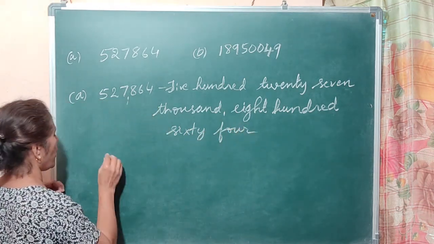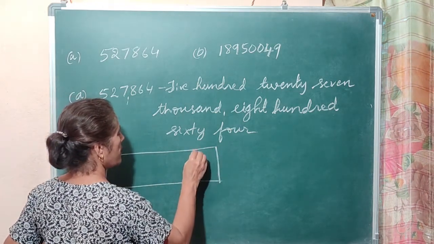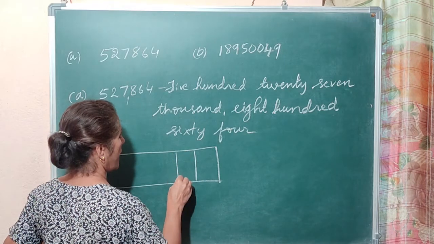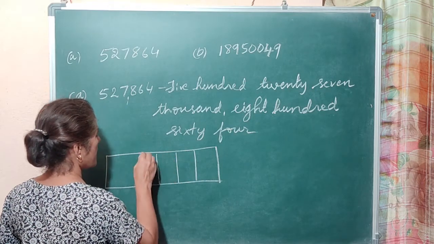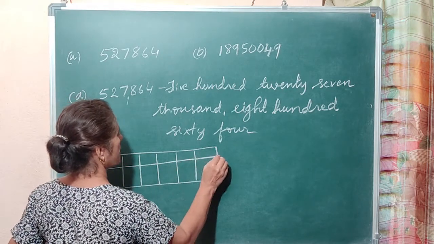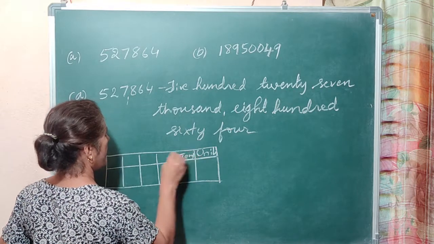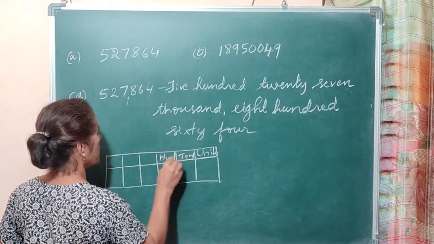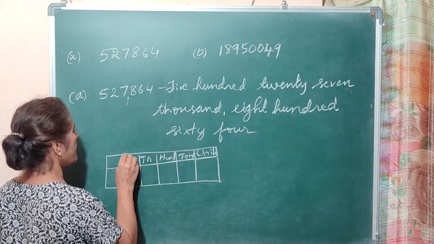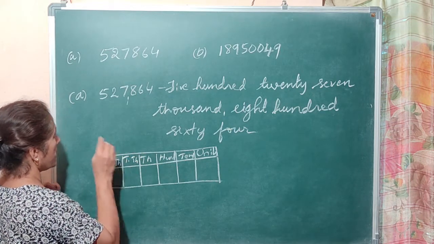Now, how do you write this using the place value chart? You can write units, tens, hundreds, thousands, 10,000, 100,000.